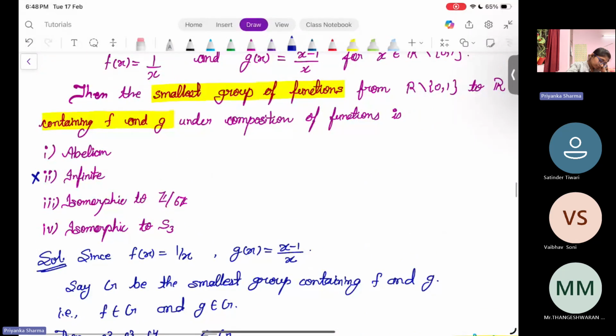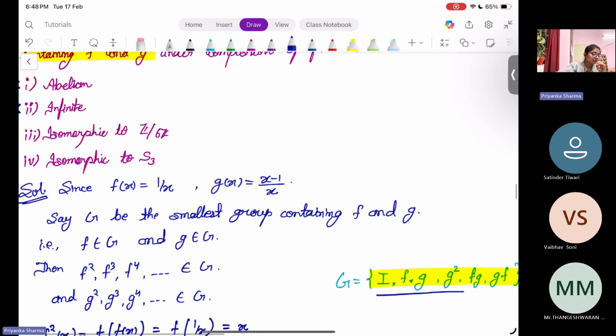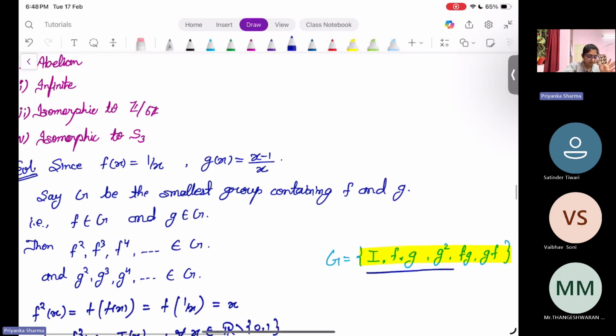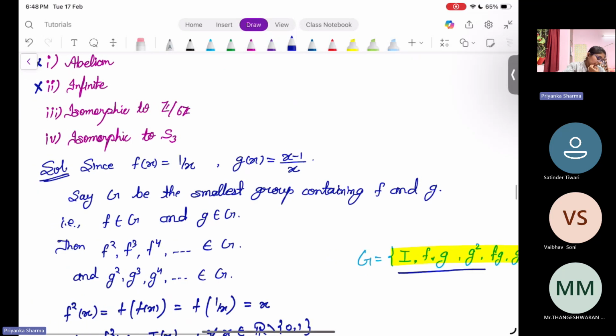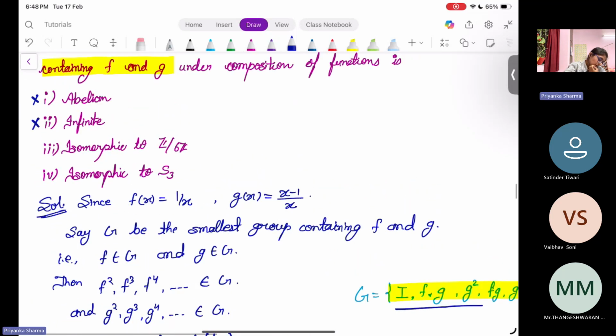And is G abelian? So no, we have two elements, F and G, and they do not commute. Now, as I said, order of G is 6. So this can be isomorphic to Z over 6Z or S3.